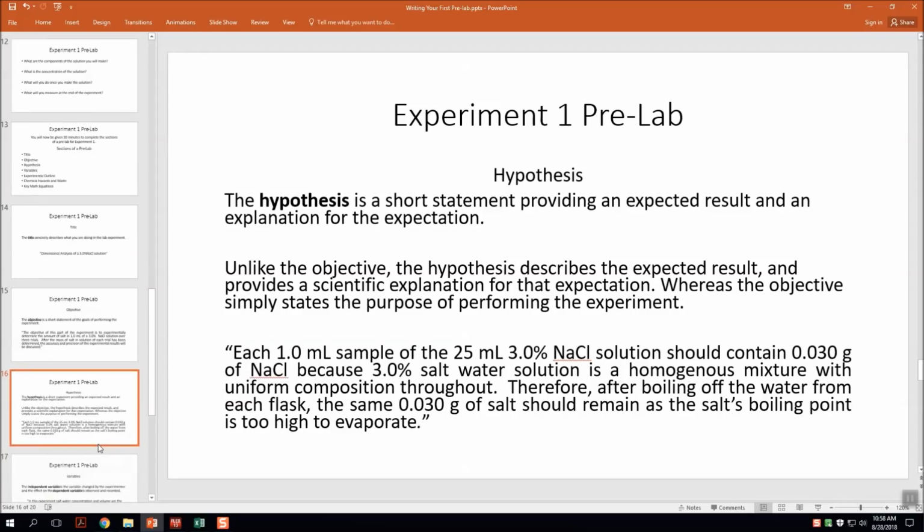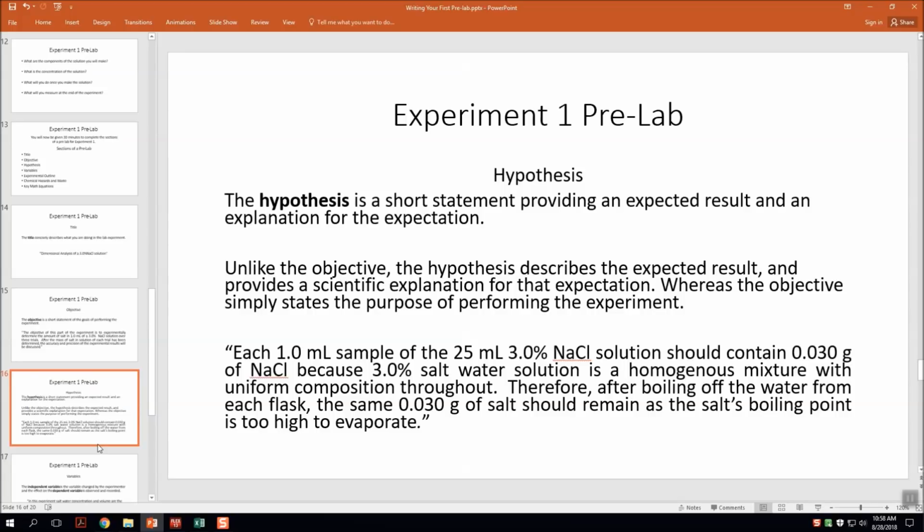The next part is the hypothesis. Hypothesis means many things, but in this course, it means two things. It means first the usual thing, a prediction of what we expect to happen. So a hypothesis usually includes a prediction of what we expect to happen and why, some scientific explanation of why we expect it to happen.